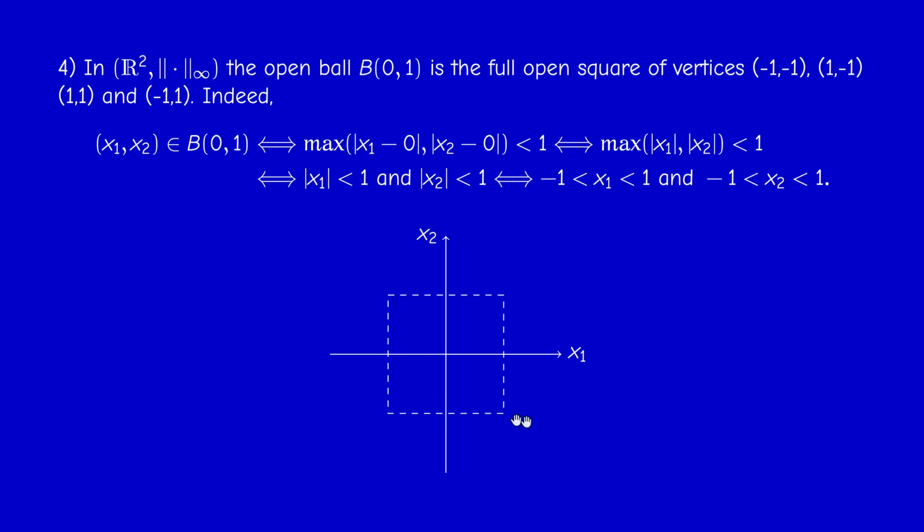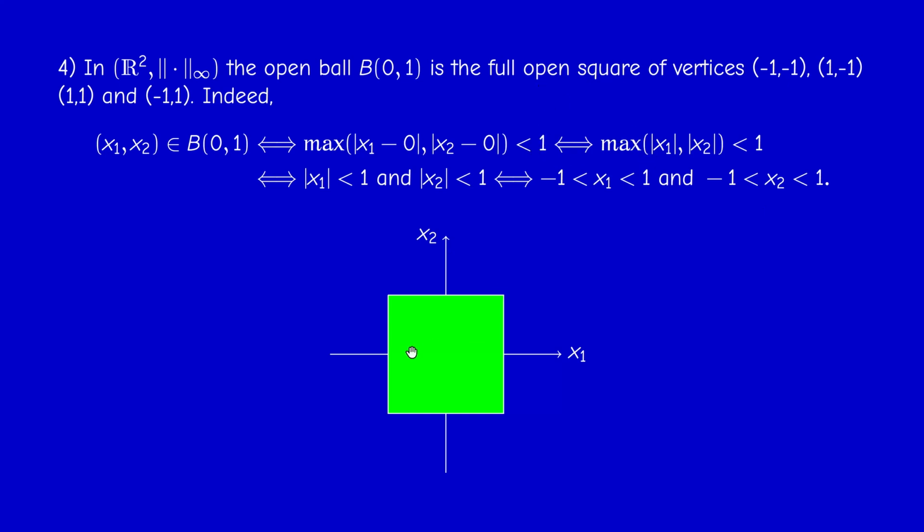But here x1 can be anywhere here, and x2 can be anywhere here. So the couples form the full square, but you don't include the boundary because x1 is never equal to 1 or -1, and same for x2. So this is the full open square.